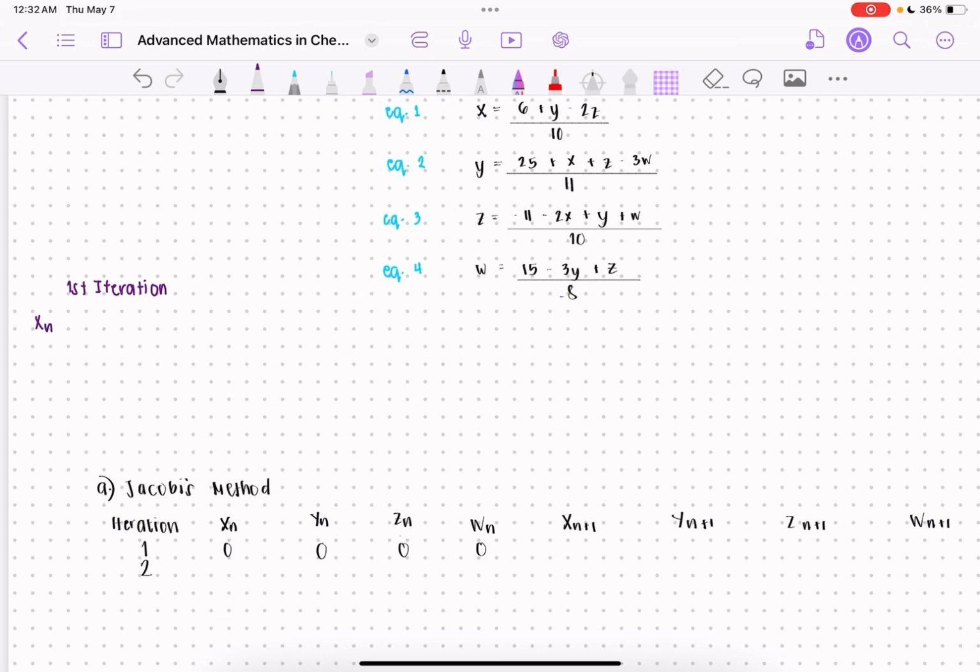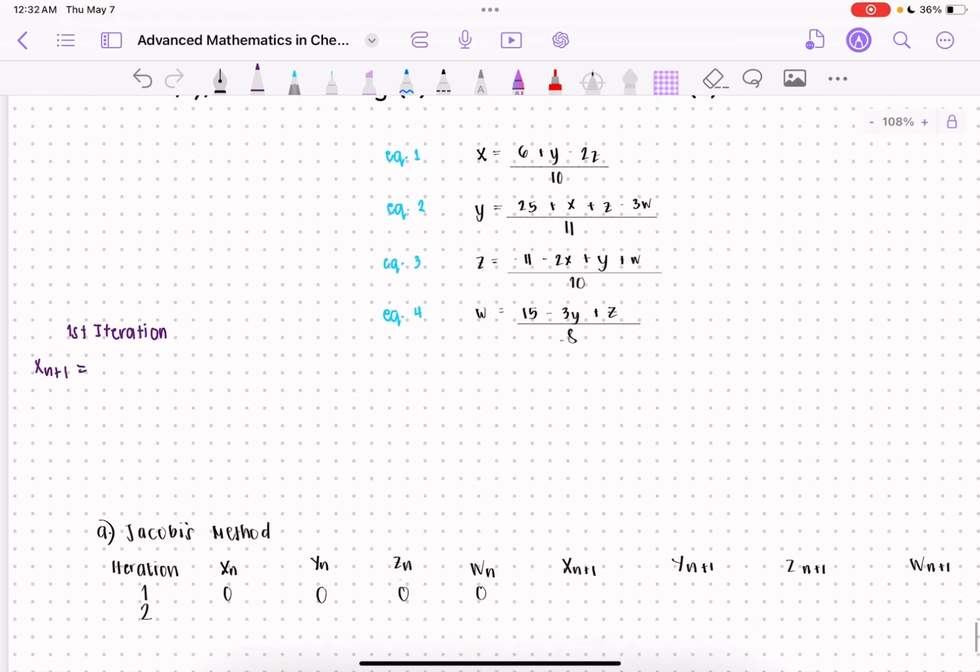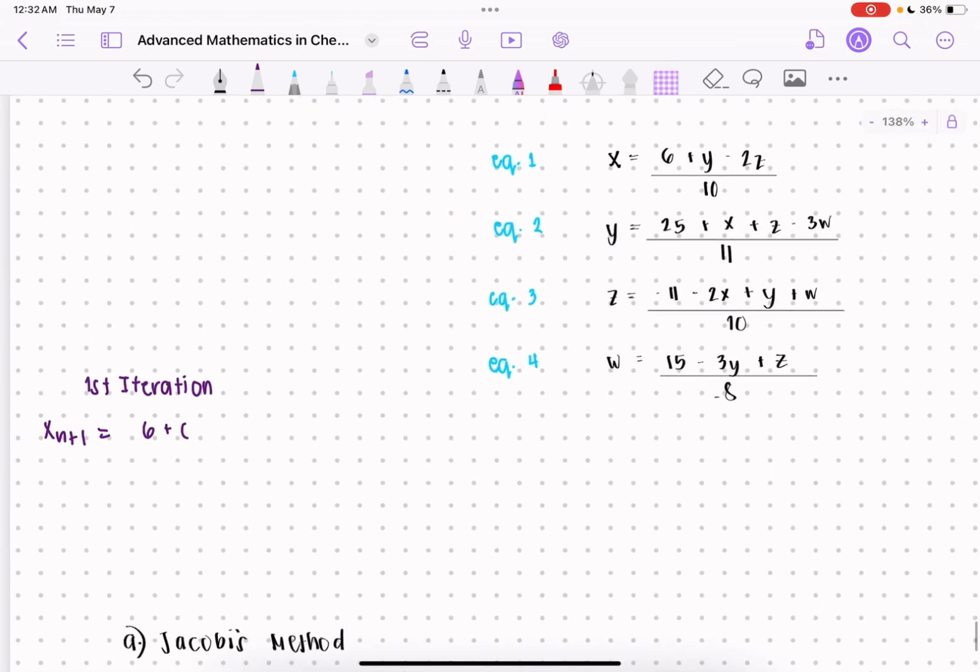Our x sub n plus 1 would be 6 plus 0, since y is 0, minus 2 times 0, all over 10, and that would give us 0.6. For y sub n plus 1, that would be 25 plus 0 plus 0 minus 3 times 0, all over 11, and that would be approximately 2.2727.